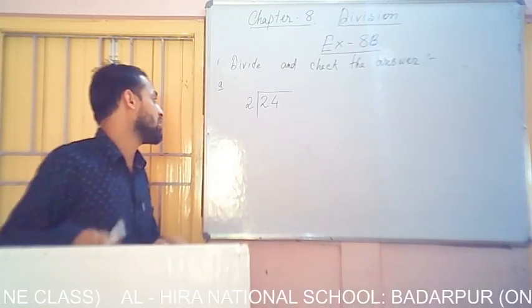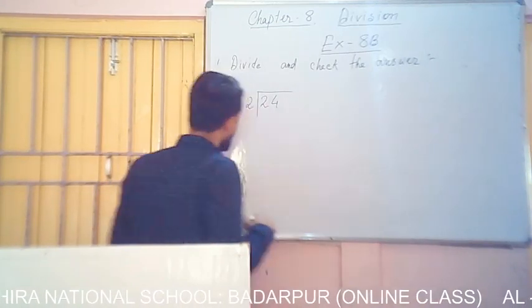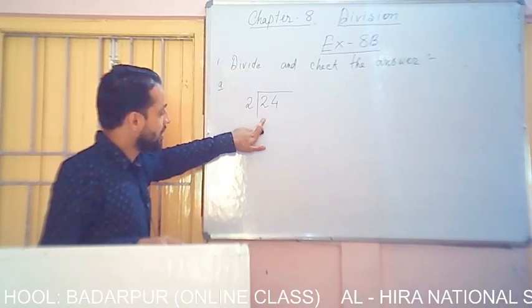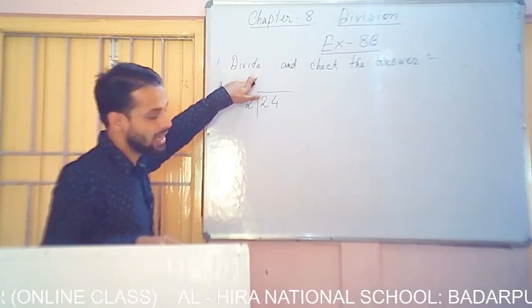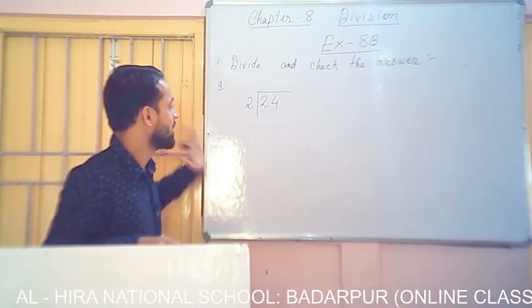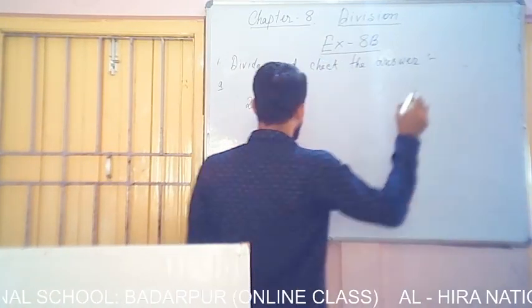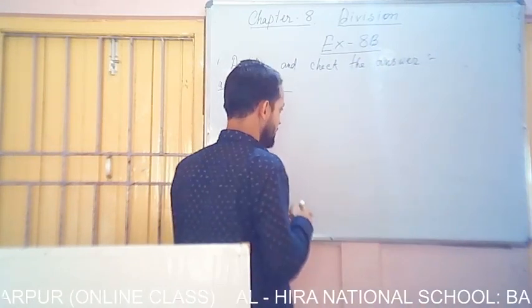Okay, so the first question is what? 24 divided by 2. Here in the tens place 2 is there, and 4 is in the ones place. So at first we have to check the dividend and the divisor.